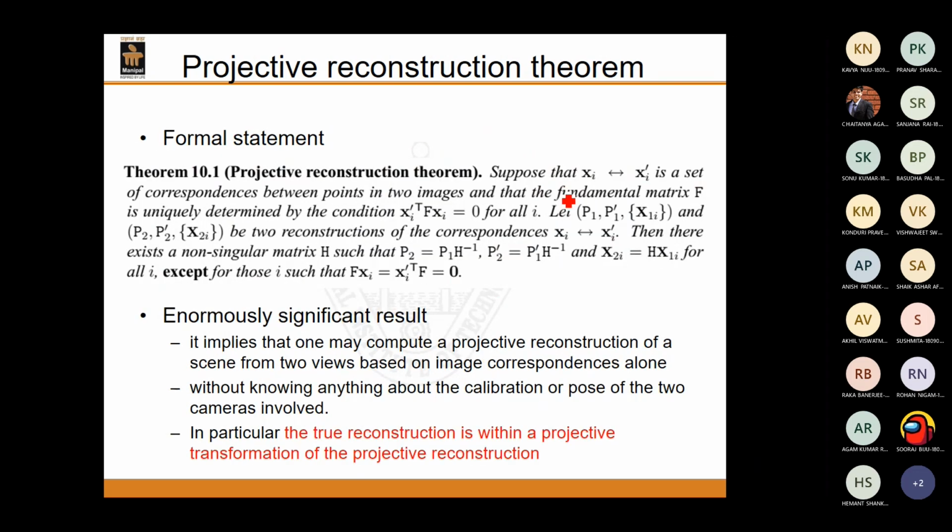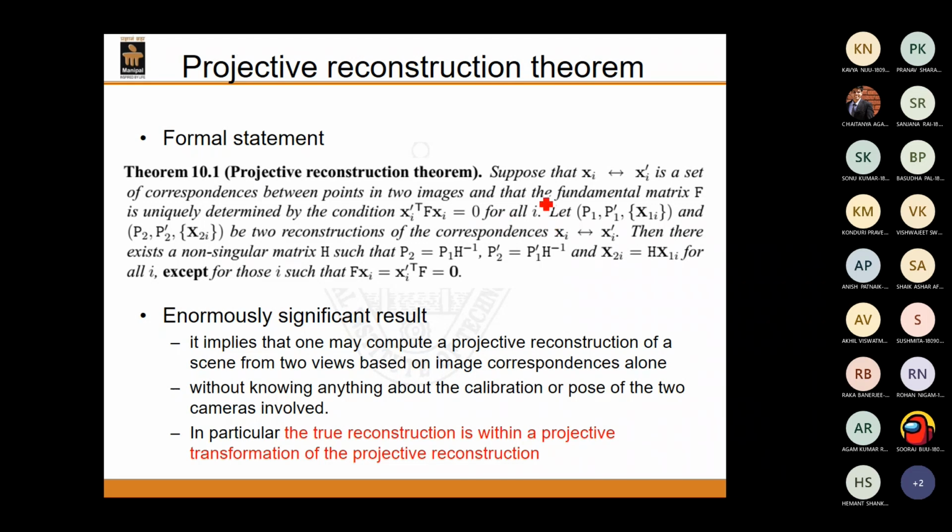Another way of stating it is this way: suppose that xi and xi dash is a set of correspondences between points in two images, and the fundamental matrix F is uniquely determined from the condition xi dash transpose F xi equals 0 for all i. It is the same as what I said in the previous slide, just a formal statement.